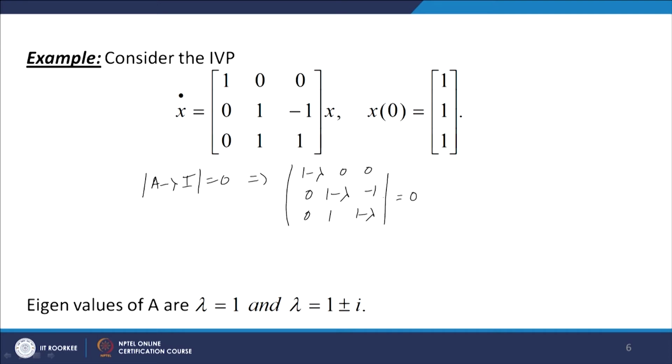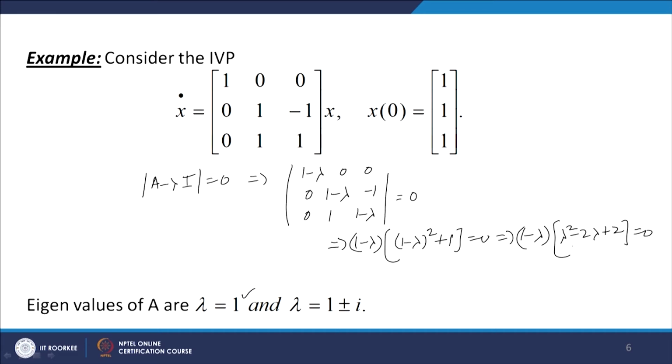If you solve this equation, you get 1 minus lambda times (1 minus lambda) whole square plus 1 equal to 0. So, what do you get? 1 minus lambda, and then lambda square minus 2 lambda plus 2. So, you get lambda equal to 1, and lambda square minus 2 lambda plus 2 equal to 0 gives you lambda equal to 1 plus minus i.